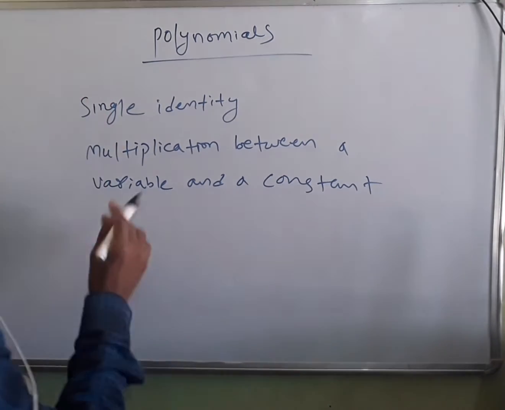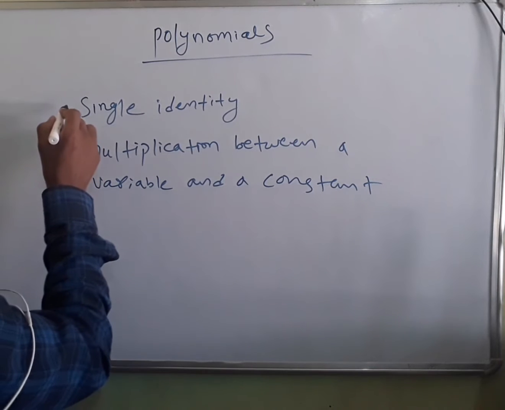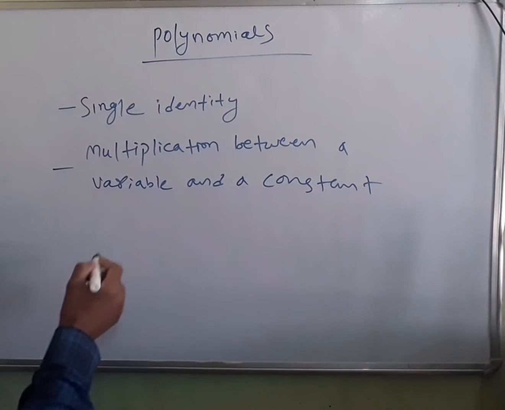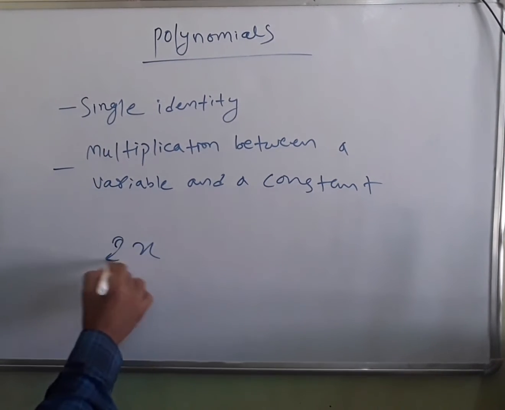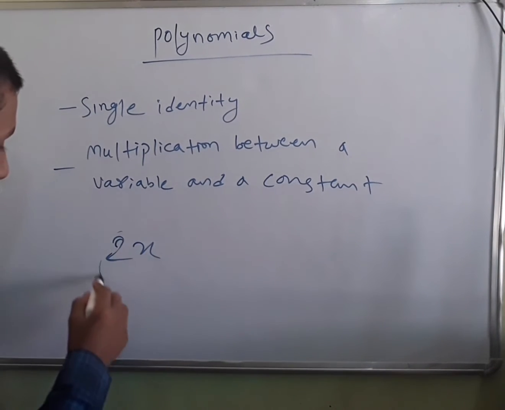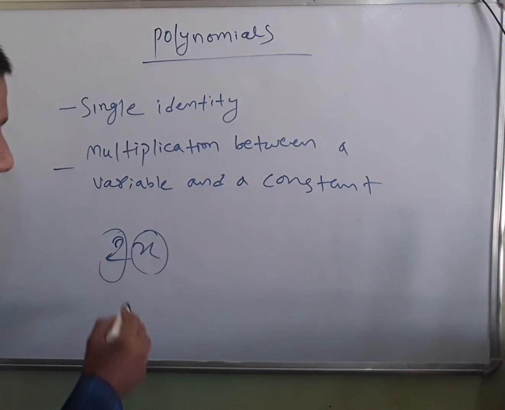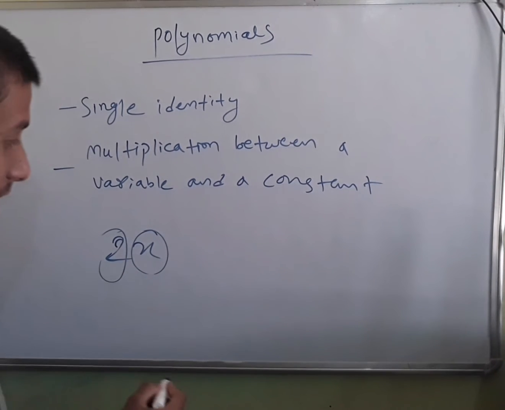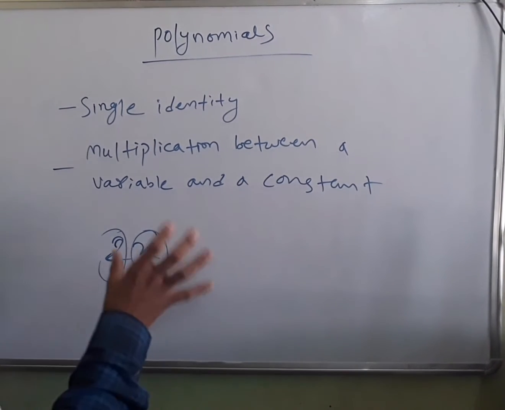For example, 2x is a term in itself. Why? Because you have a constant multiplied to a variable. And that is known as a term.